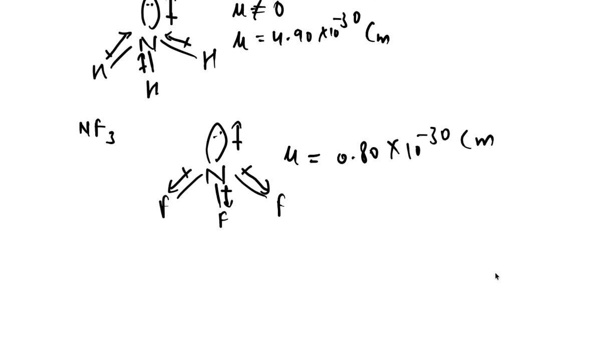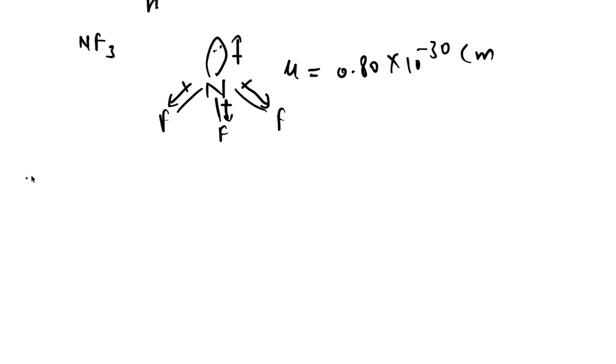Then another example that we can talk about is, most of these examples I am taking are symmetrical in nature. So wherever you see the word symmetrical, always remember the dipole would be 0. Let's say methane. In this case it has tetrahedral shape.